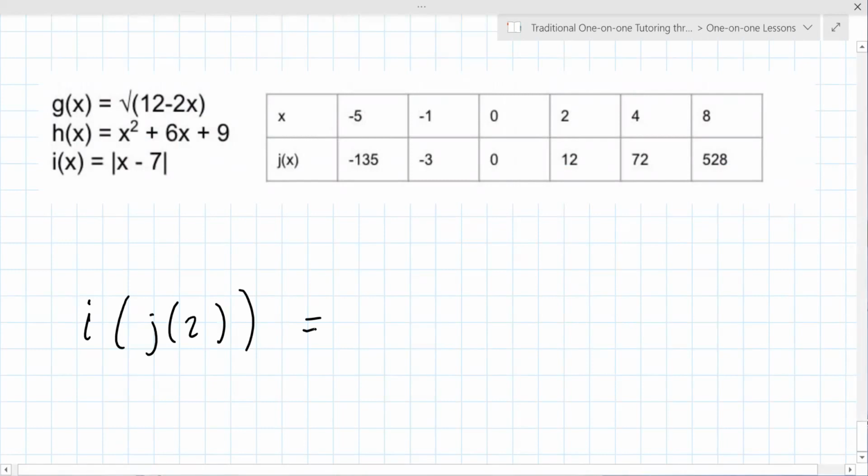I have a question. So when it's something like J, would you look at the x value because that's 2, and then the answer would be 12? Yes, that's the x value. That's exactly right.